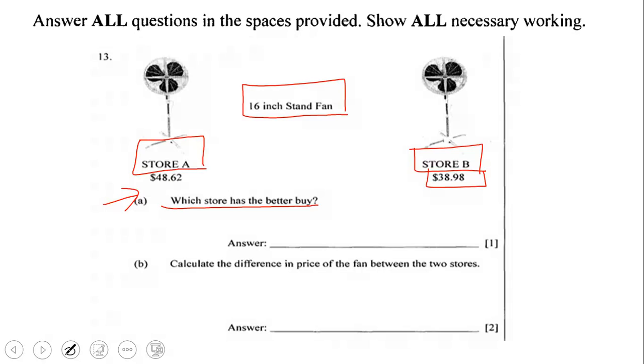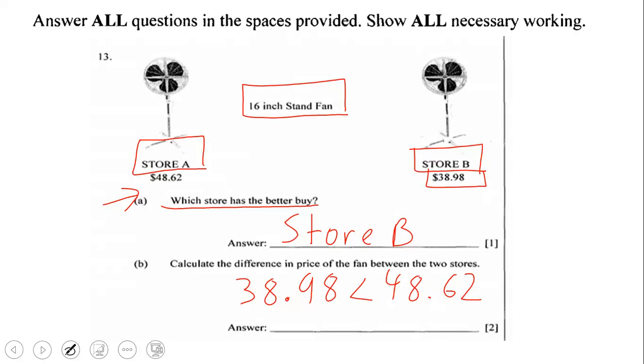Indeed, store B has the better buy, because $38.98 is less than $48.62.